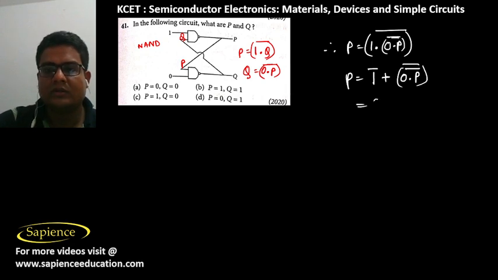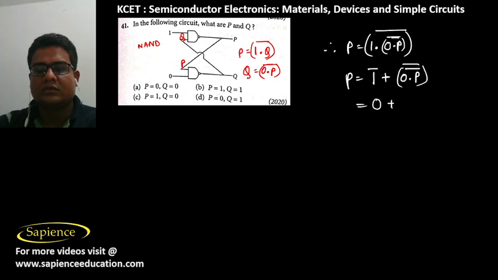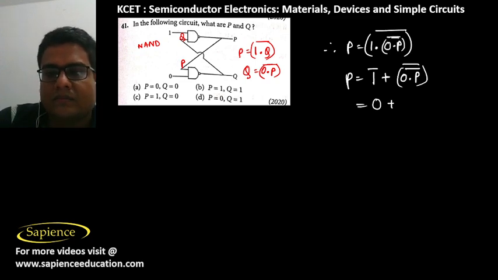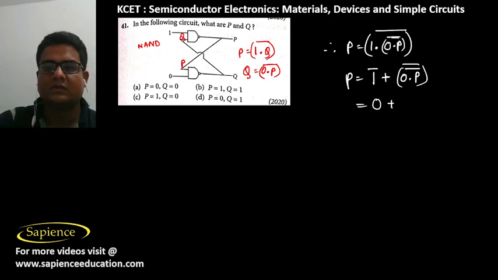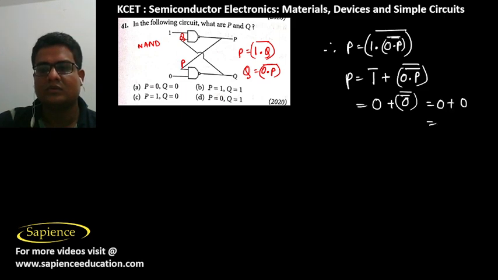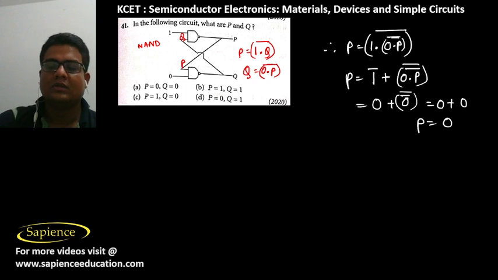This will be 1 not is 0, or it is 0 and P, that is 0 only, since 0 and 1 is 0 and 0 and 0 is 0 also. So 0 double not, this is 0, so 0 or 0, so this will be 0. So P is equal to 0.